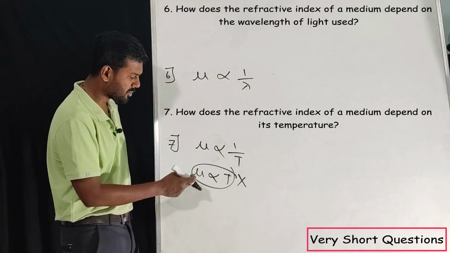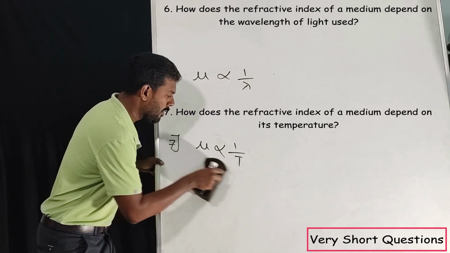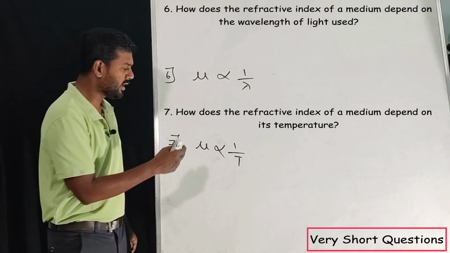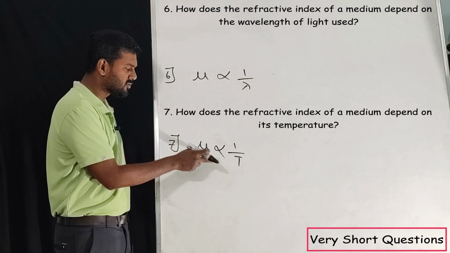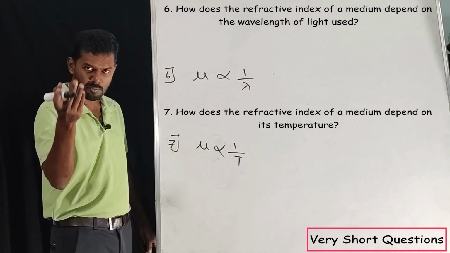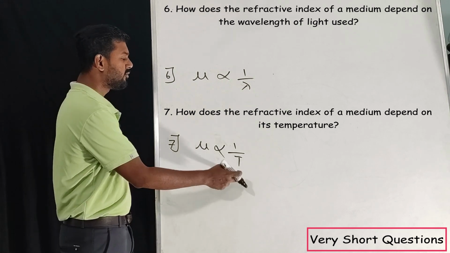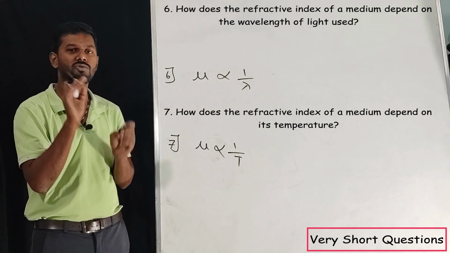If you want to write directly proportional, this is how you have to write. For this question, you don't have to write directly proportional. What is the answer for this one? Question number 7. Temperature and refractive index are inversely proportional, or you can write it as: if you increase the temperature, refractive index decreases. Any one you should write.